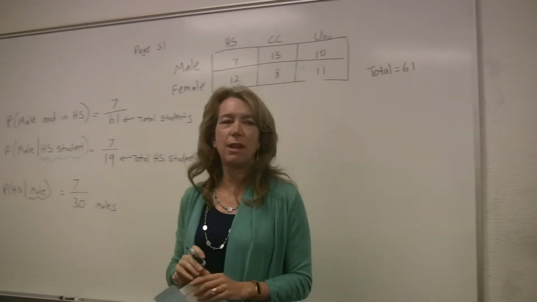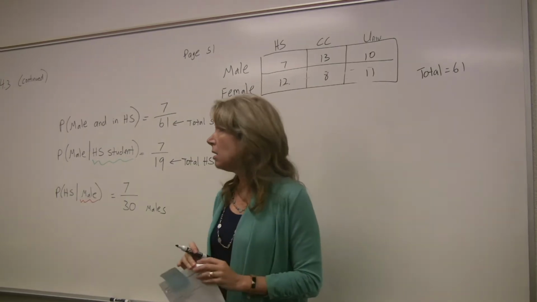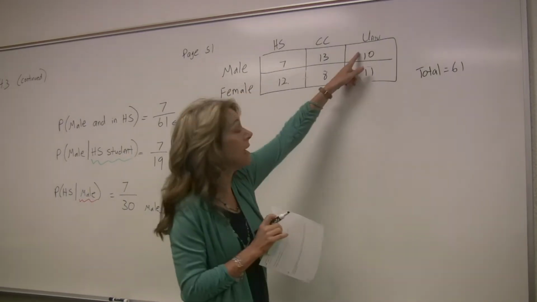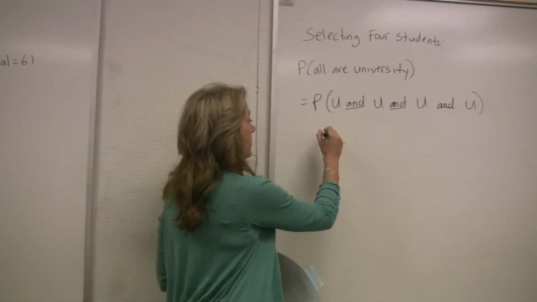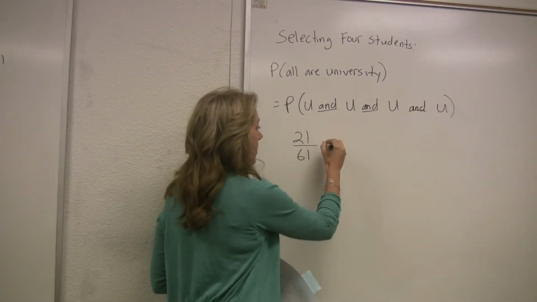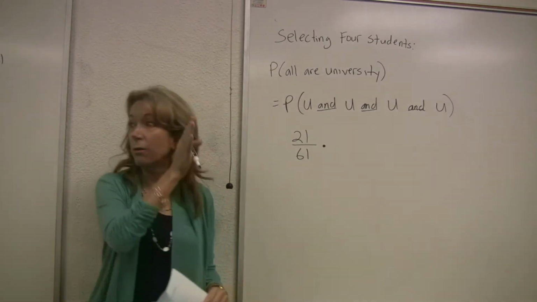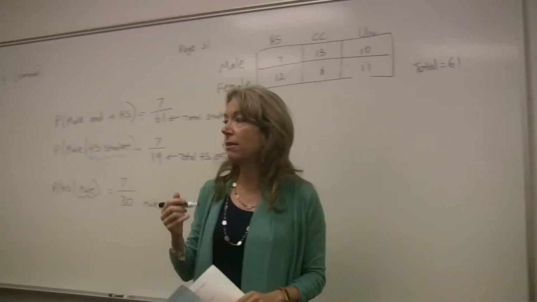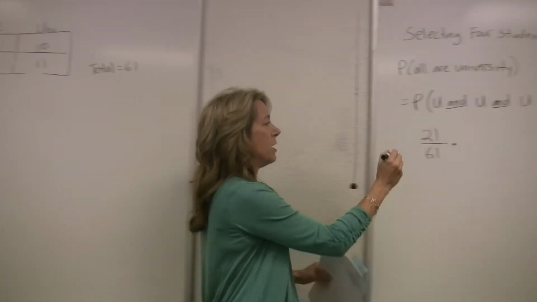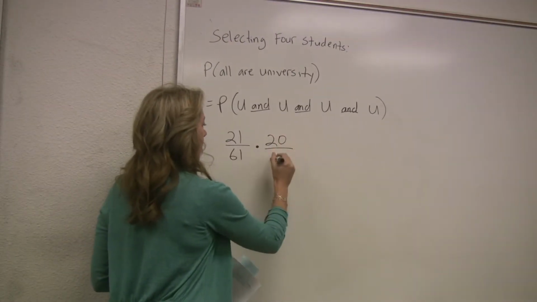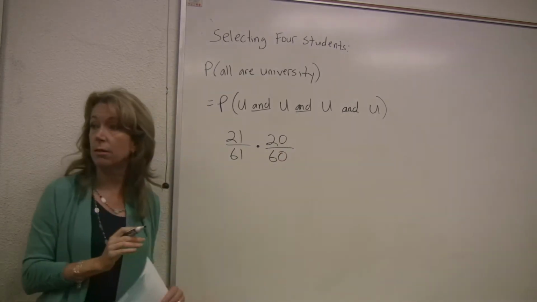And how many of them are from the university? 21, adding these up. And here's the and that tells me to multiply when I have more than one event. So now it's without replacement. So now there are only 20 university students out of 60 students left.